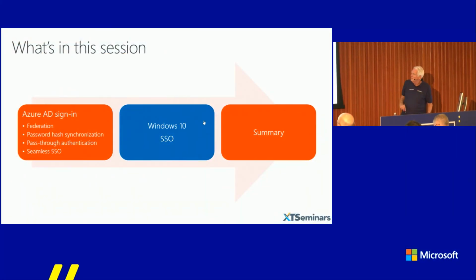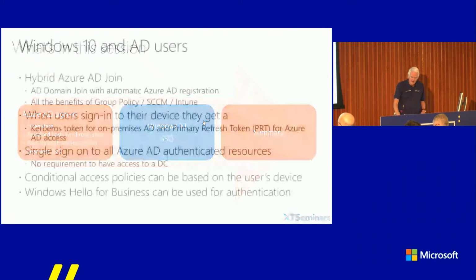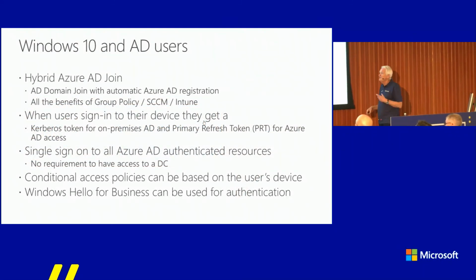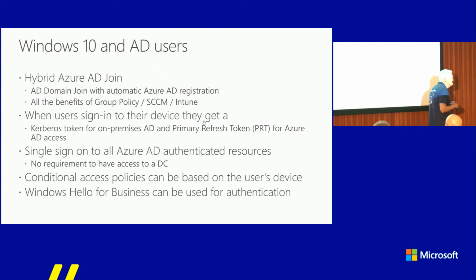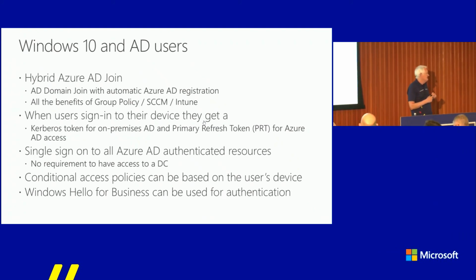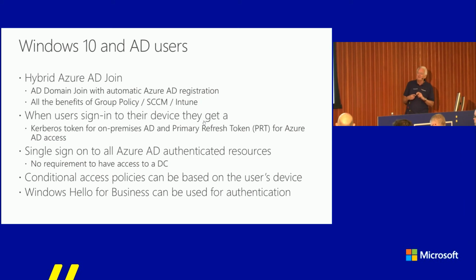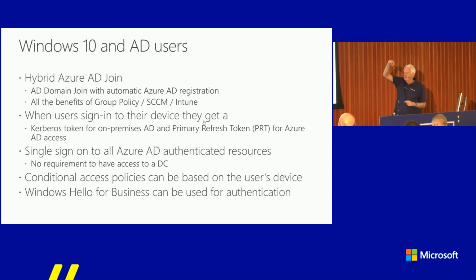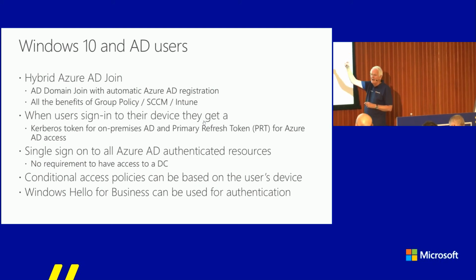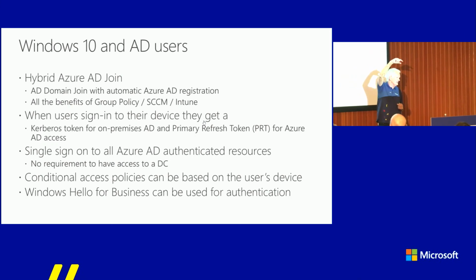Just one page on Windows 10 before we finish, and if you're not familiar with Windows 10 and Azure AD, what we can do is what's now called, it's been renamed, it was called all sorts of things, a domain join ++. It's now called hybrid Azure AD join. And I can join my computer on-prem and into the Azure cloud at the same time.